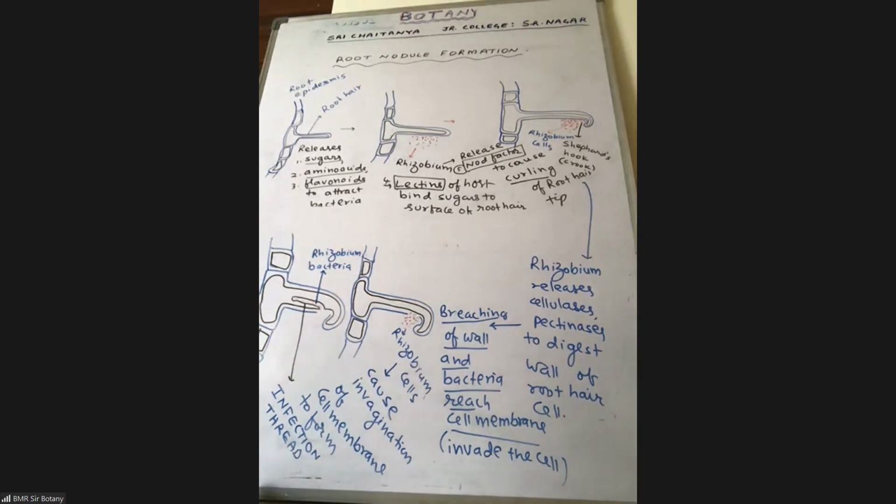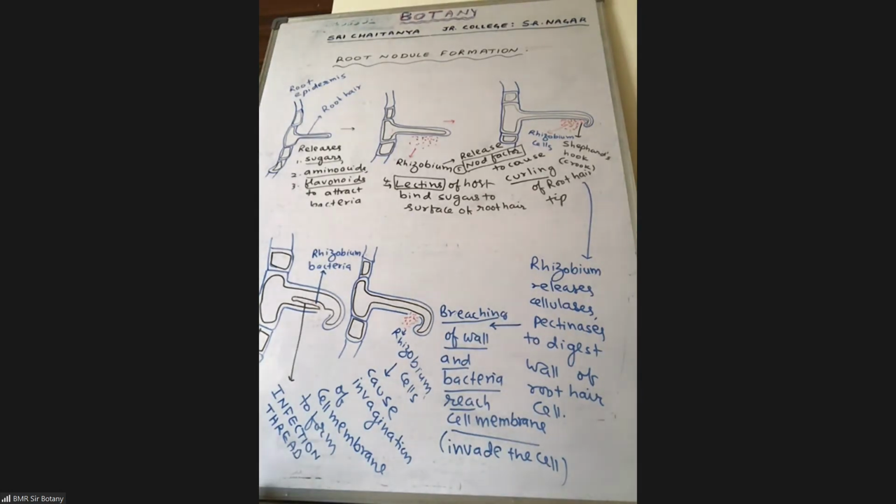Three things by bacteria. Remember, what is by bacteria and what is by host? Host released sugars, amino acids, flavonoids, and lectins. Bacterium released nod factor, then cell wall digesting enzymes.